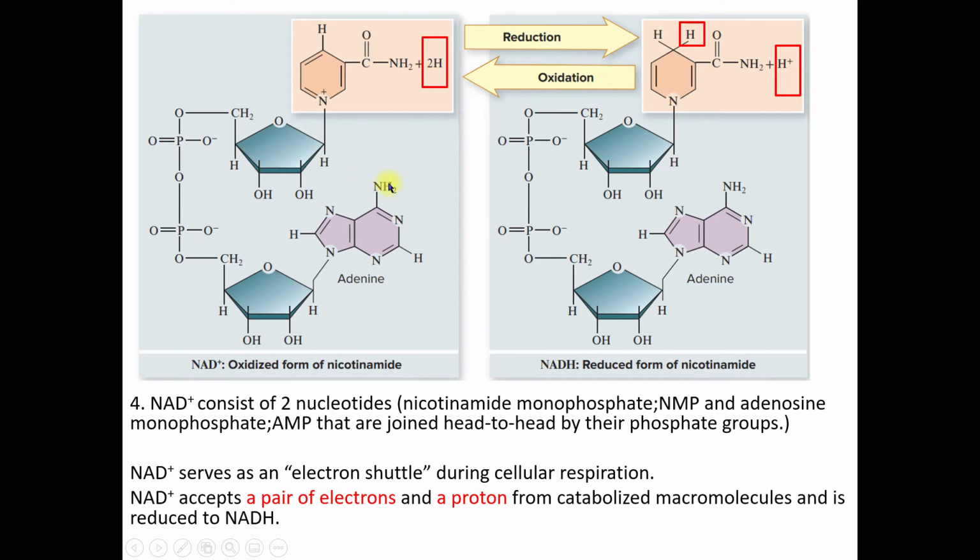This is the nicotinamide monophosphate, NMP, and this is the adenosine monophosphate, AMP. So apparently these two nucleotides are joined head to head by their phosphate group. You can see here, it's here.